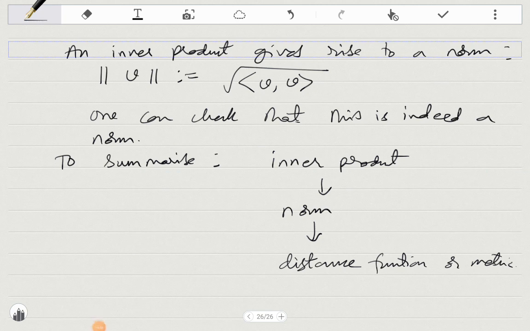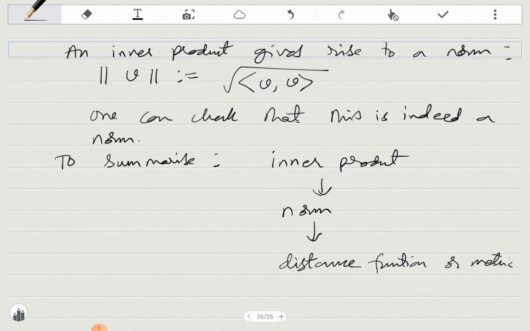Right. So inner product, and then what? One should note that these implications are not equivalences, in the sense that, for instance, having a distance function on a vector space will not give rise to a norm, or for that matter, having a norm will not give rise to an inner product.